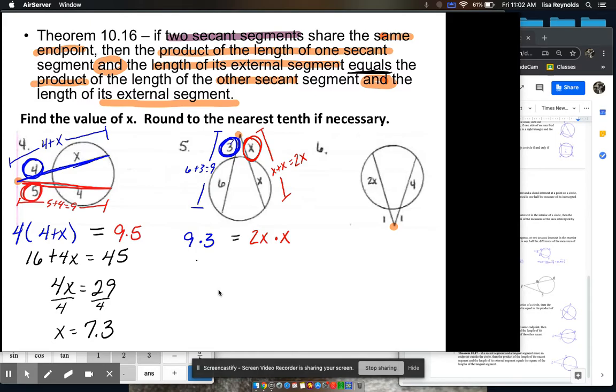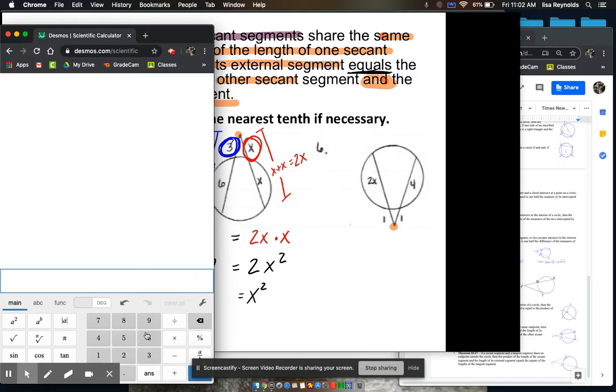So this is going to be 27 equals 2x times x, which is 2x squared. So we're going to divide by 2. So 27 divided by 2 is 13.5.